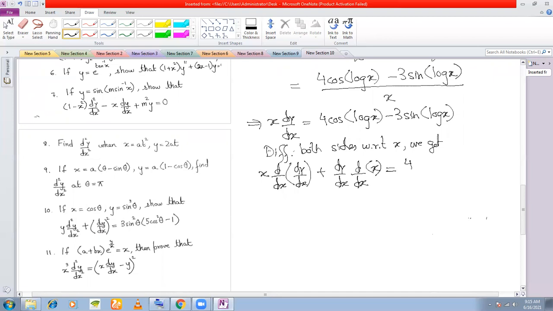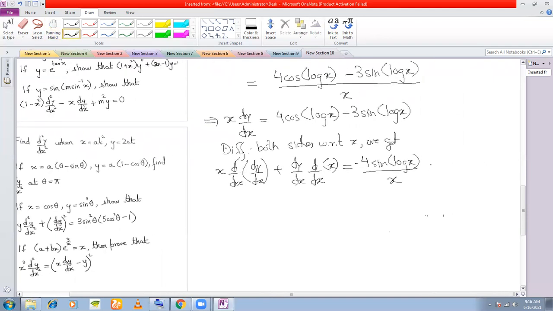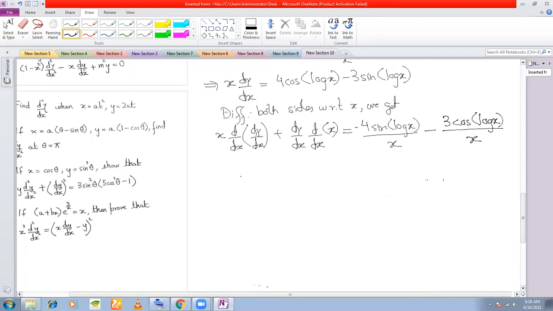So 4 is a constant, you take it out, and d/dx of cos is minus sine. So you get minus sine log x into the d/dx of log x, which is 1 by x. Again here, minus 3 is a constant, you keep it out, cos log x into the d/dx of log x, which is 1 by x.